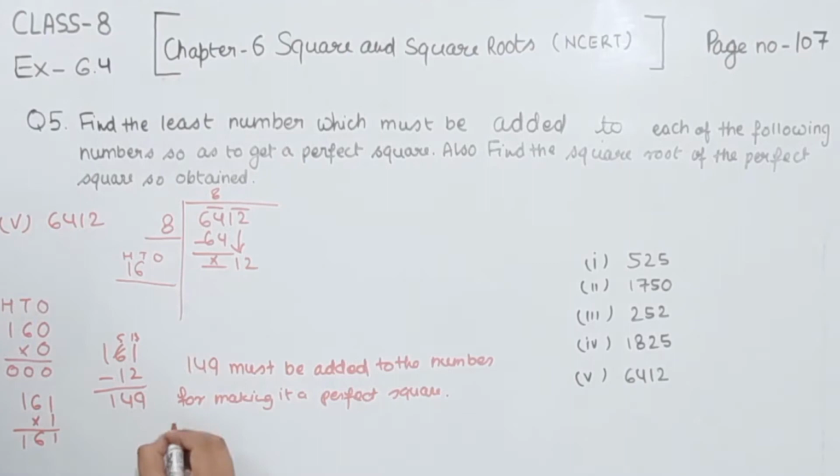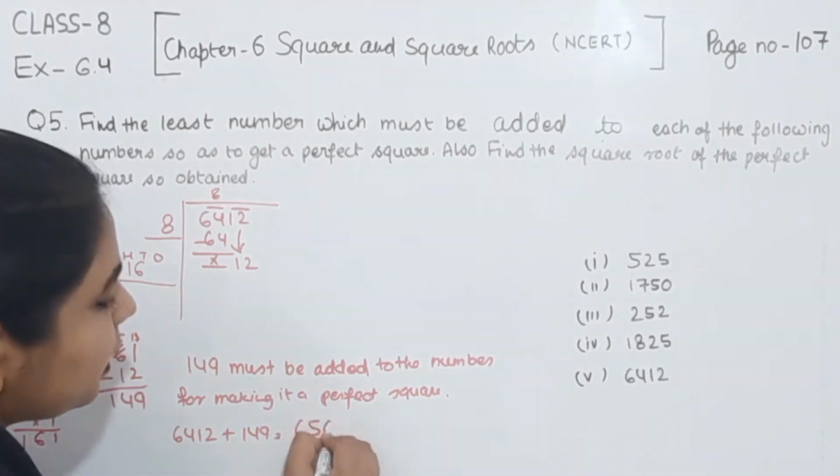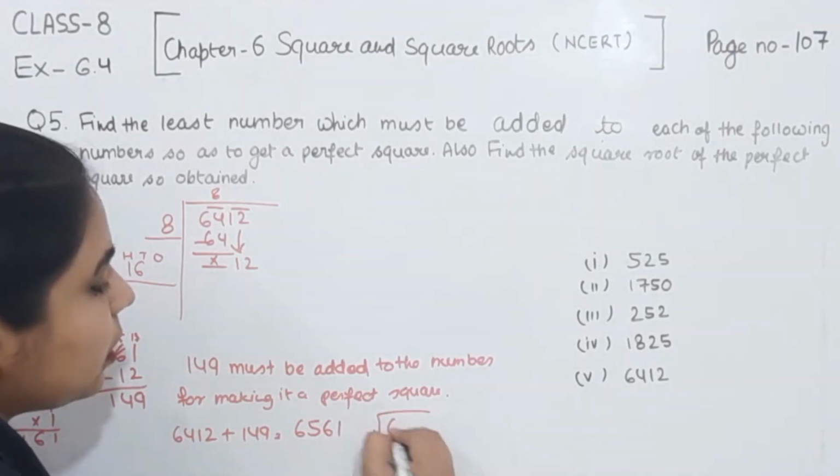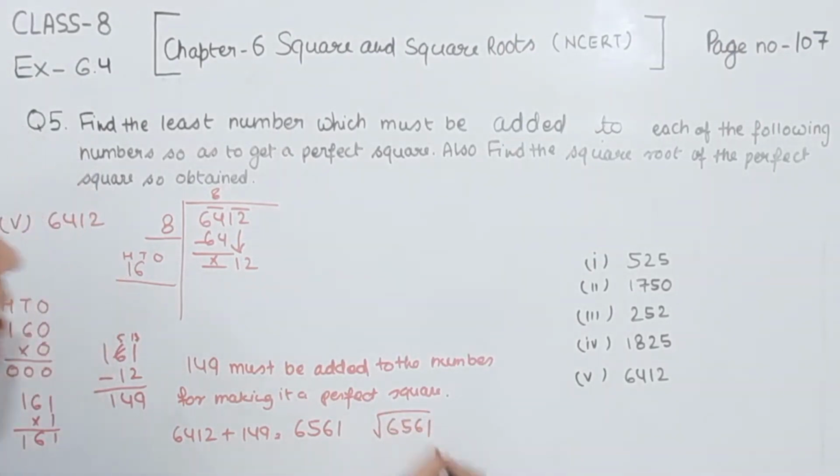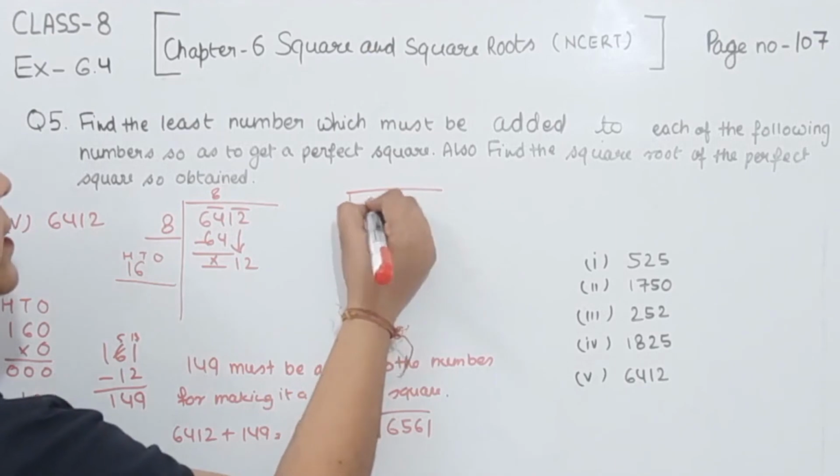So we will write here 6412 plus 149. Now we are going to add this one. So the number we are having 6561. Now square root of 6561 we are going to find here.